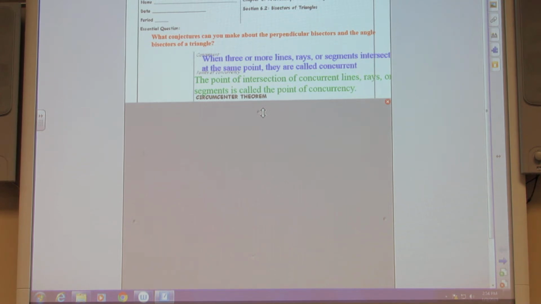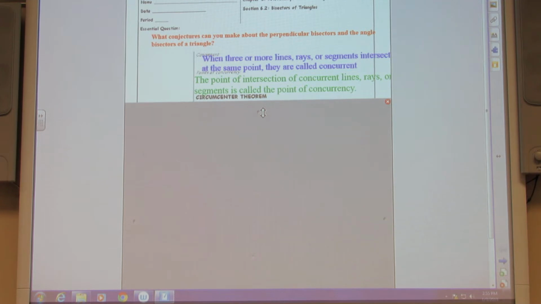That point where the three lines meet is the point of concurrency. So the lines are concurrent, the point is the point of concurrency. So the point of the intersection of concurrent lines, rays, or segments is called the point of concurrency.